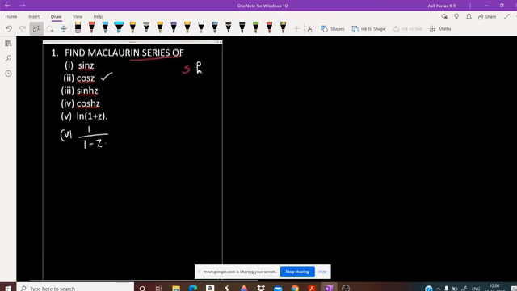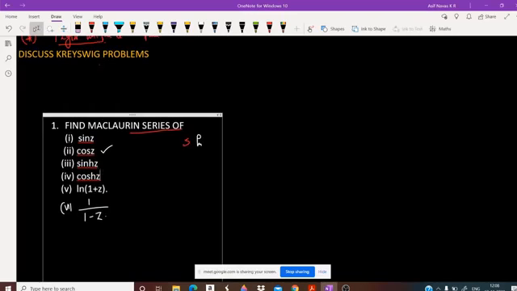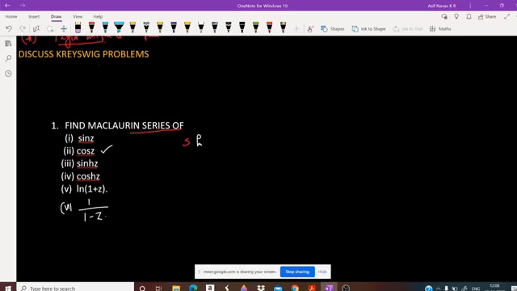So next is cos z. Similarly we can write, f of z you can take cos z, and I will give you only the answer. You can practice this.